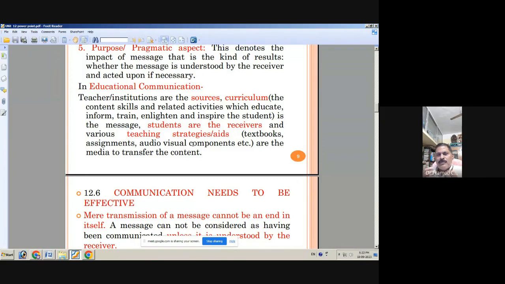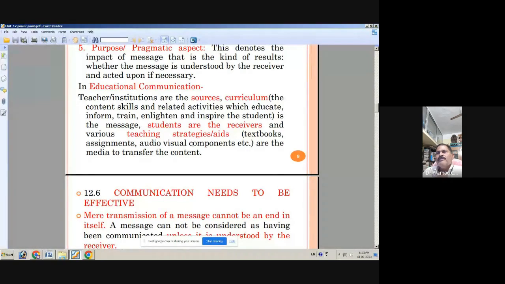Suppose when we get some information, we can understand it and we can practice it by ourselves. Then automatically our skills will be developed. And when we develop our skill by getting the information or the training, it gives us the inspiration to develop our personality.